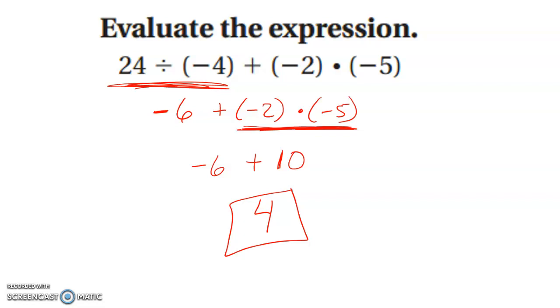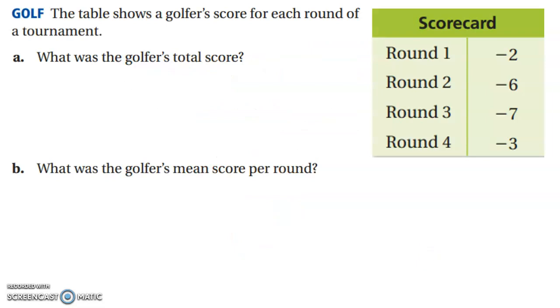All right, last page. What is the golfer's total score? So we want their total score. So what we have to do basically is add up all these scores. So negative 2 plus negative 6 plus negative 7 plus negative 3.